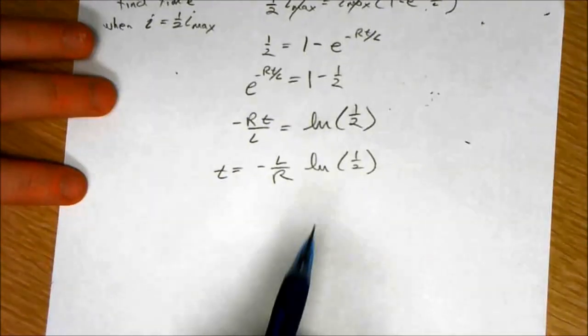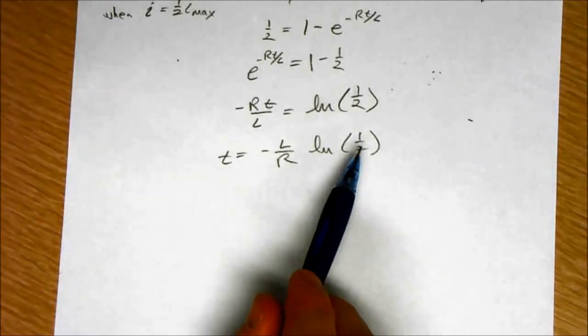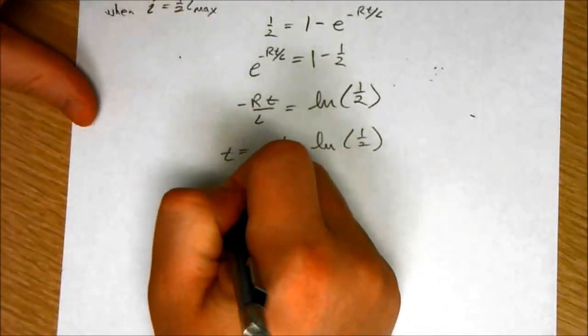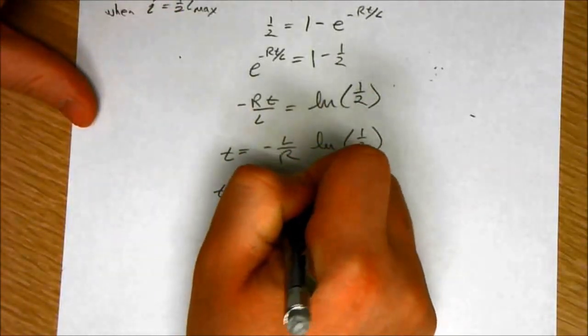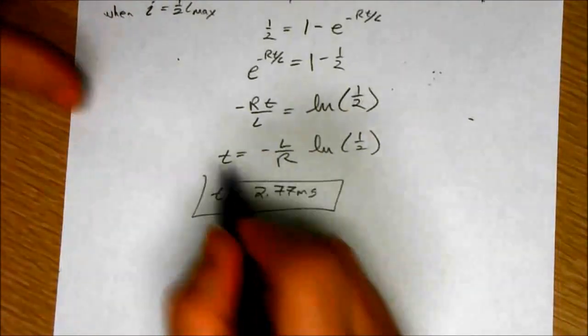Does this make sense? Well, natural log of anything between 0 and 1 is going to be negative, so negative times negative is positive. Plug in the numbers: t equals 2.77 milliseconds. And that's everything.